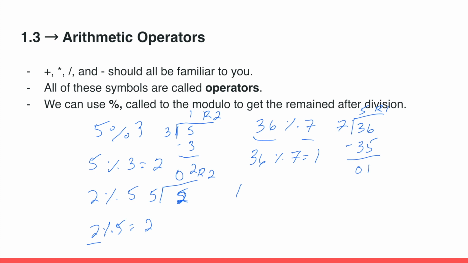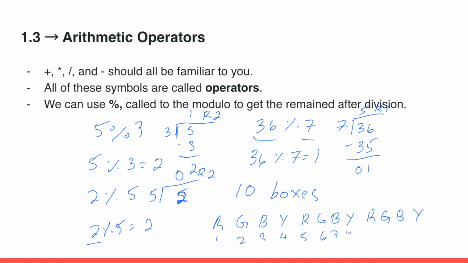Let's say we have 10 boxes, and each of those boxes has colors, and those colors proceed in a pattern. So you have red, green, blue, and then yellow. Red, green, blue, yellow, red, green, blue, yellow. And this is going to be 1, 2, 3, 4, 5, 6, 7, 8, 9, 10. And in this sequence, we want to figure out what color the 8th term is.